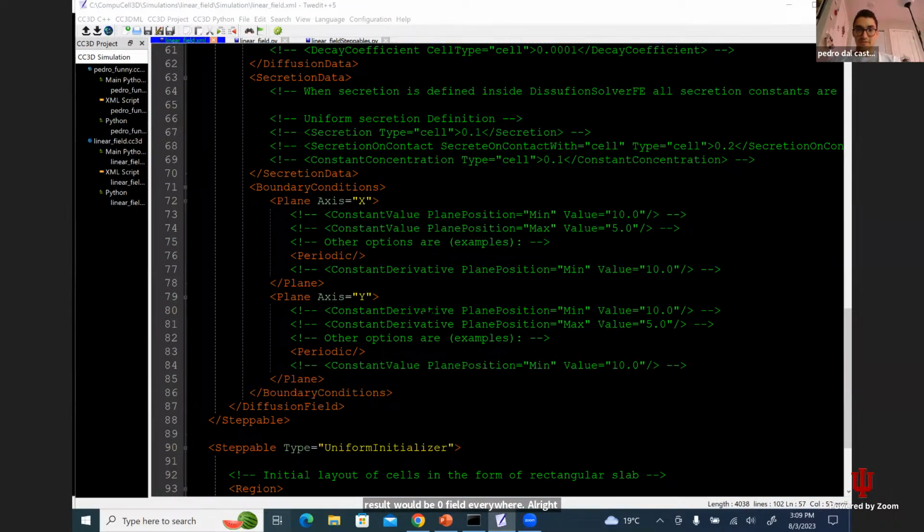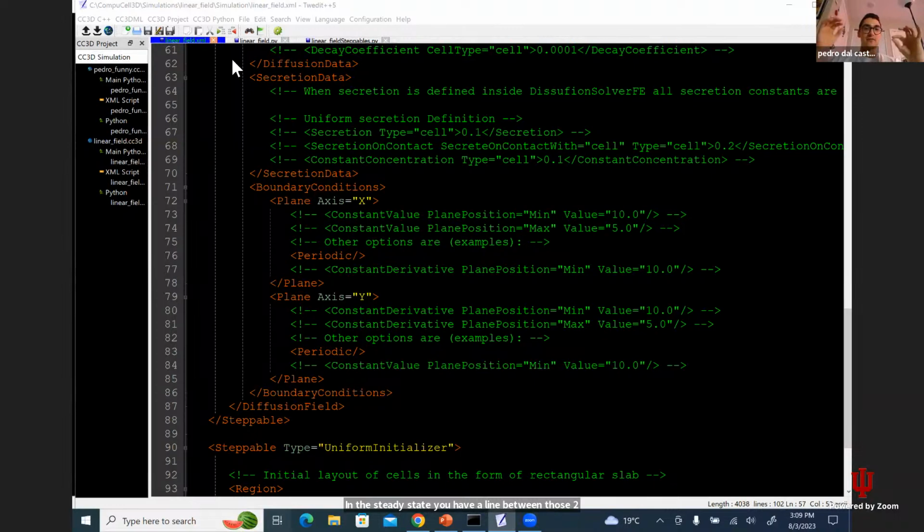And now I will build a linear field. To build a linear field, what you can do is set a constant value at the left end and a constant value at the right end. If you have two different constant values at different ends, in the steady state, you have a line between those two values, because the diffusion behavior is to flatten things out.